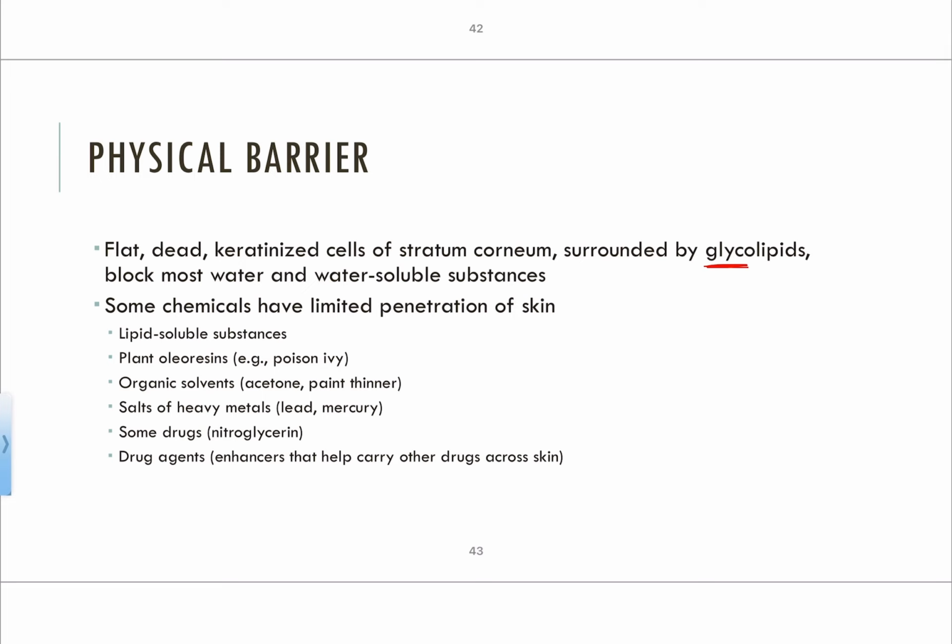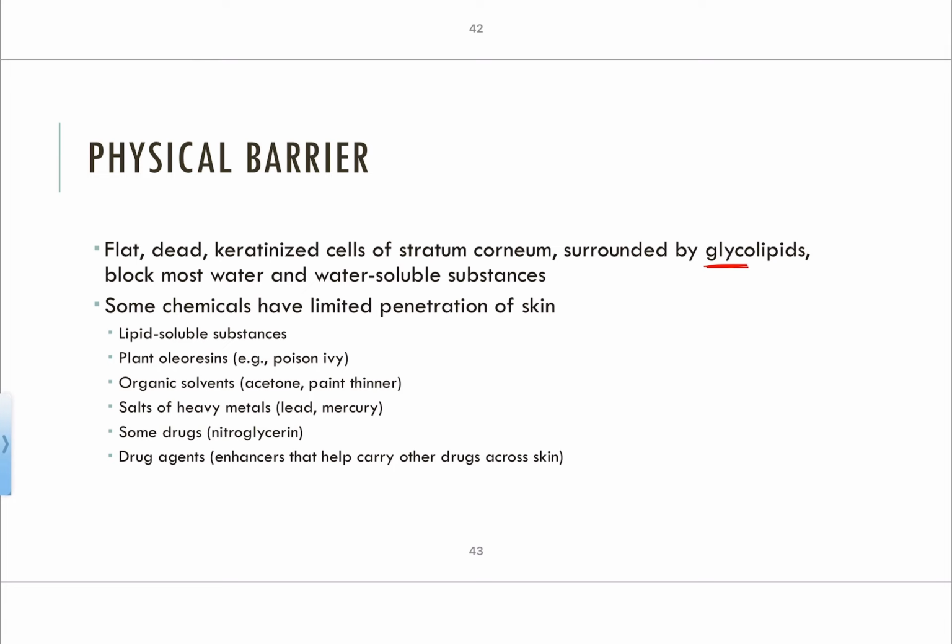Some chemicals can penetrate our skin. So some examples here are lipid-soluble substances. Things that are lipid-soluble are oxygen and carbon dioxide, so we want those to be able to penetrate our skin. Also some steroids and some fat-soluble vitamins such as vitamin D and vitamin K. We also have different plant chemicals such as poison ivy, organic solvents such as acetone and paint thinners.